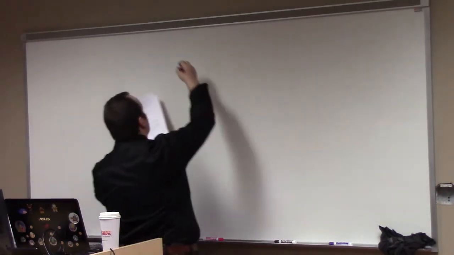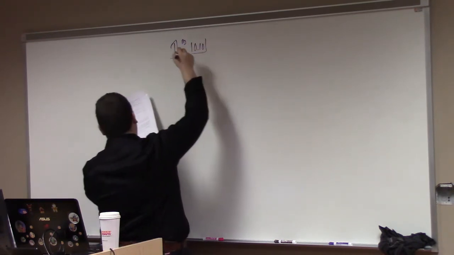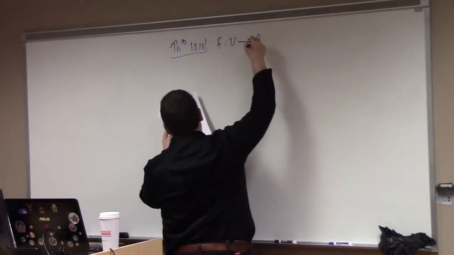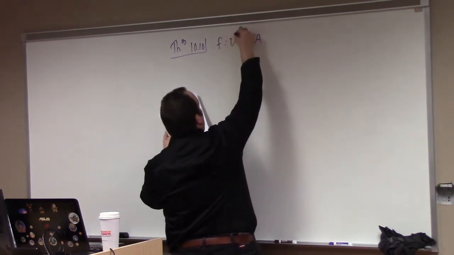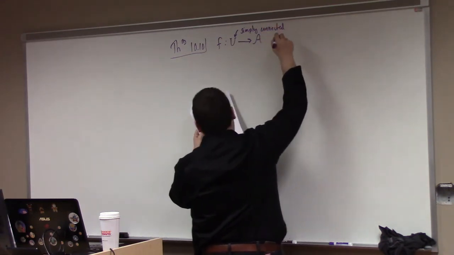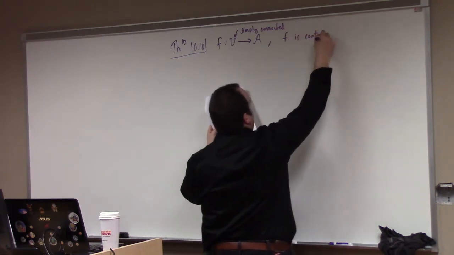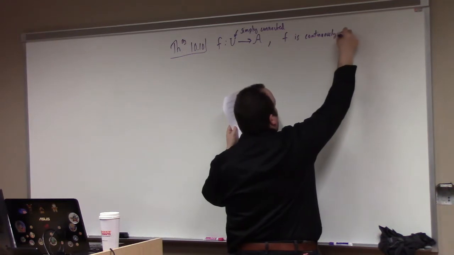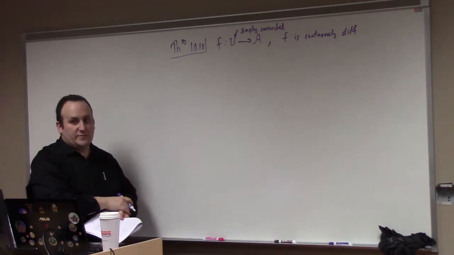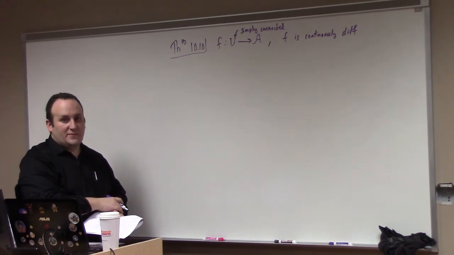All right, so theorem, this is my theorem 1010. We have f from U to A. U is simply connected. What's that mean? To really define simply connected is tough, that's a topological term. It basically, for us, means there's no holes, there's no things to get stuck on. You can deform things continuously to a point.